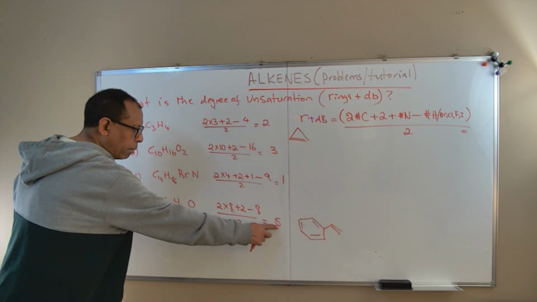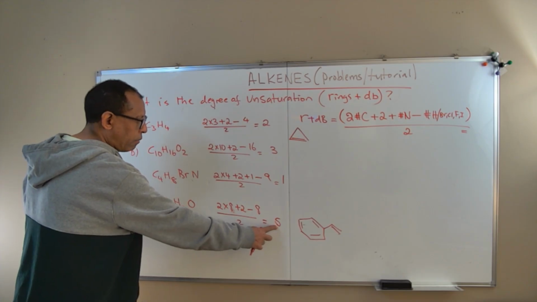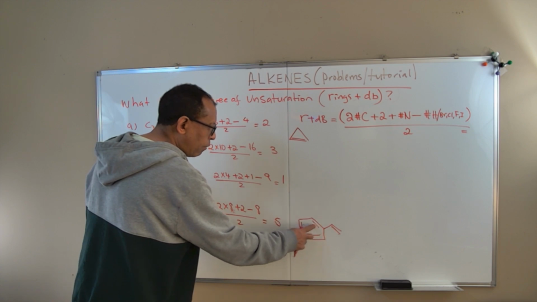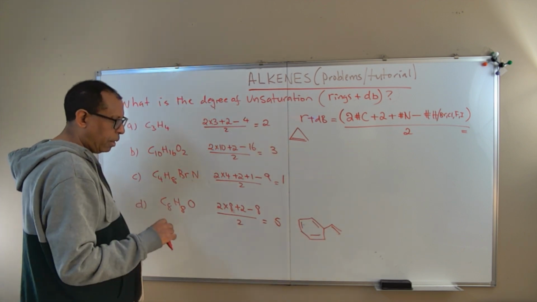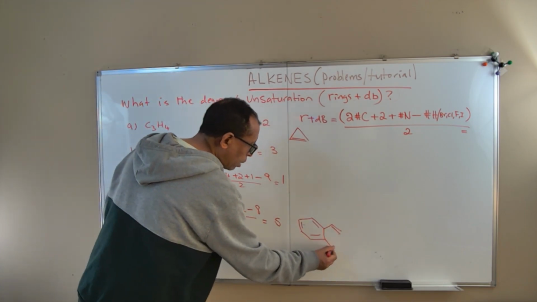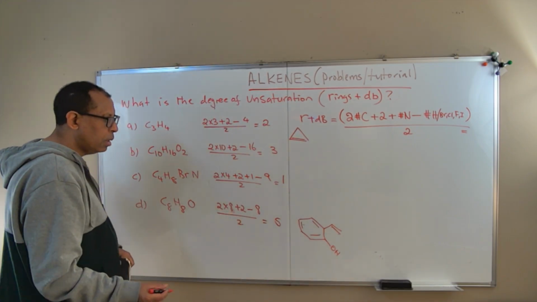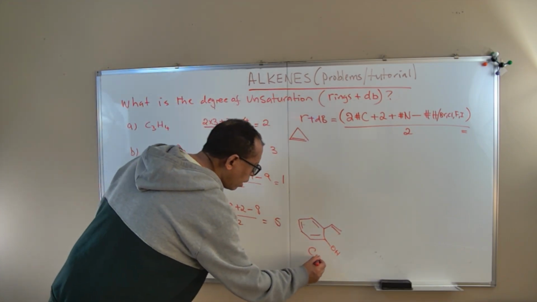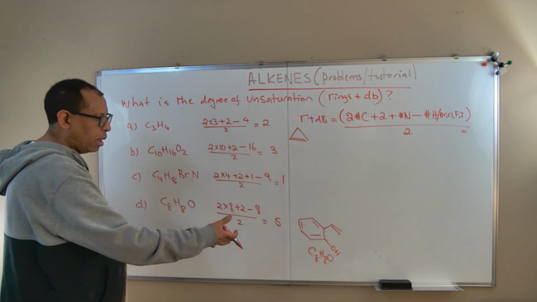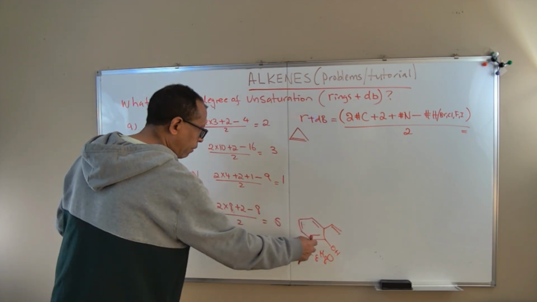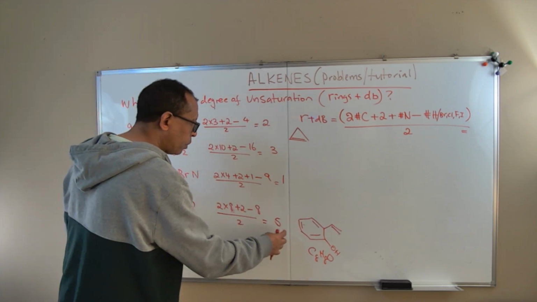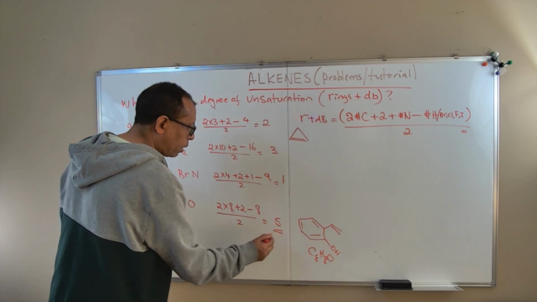The total degree of unsaturation, rings plus double bonds, is 5, meaning one ring, 2, 3, 4, 5, and you have oxygen. I can put oxygen with hydrogen here, like that. So this formula is C8H8O. That's one possibility, meaning that I put 4 double bonds, 4 pi bonds, and one ring. That is 4 plus 1, which is 5.